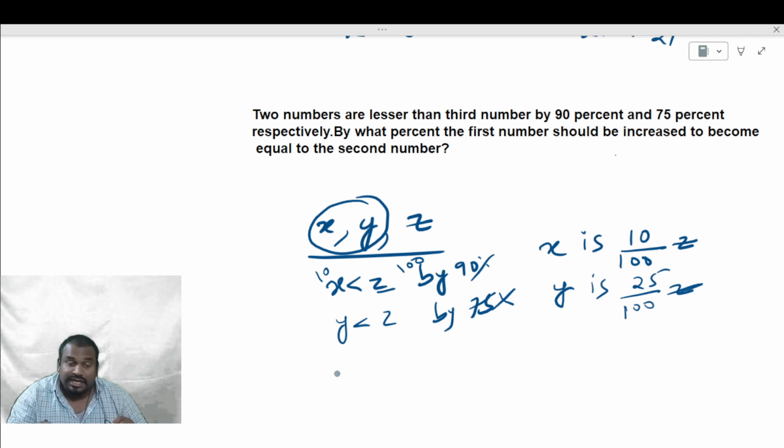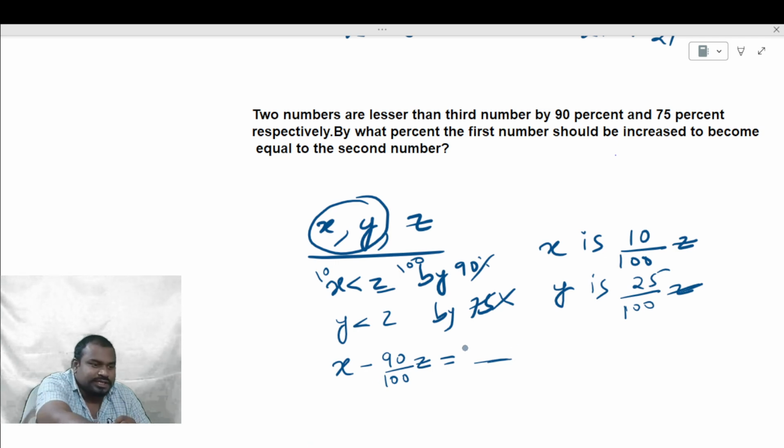In another way also you can write it. X is lesser than Z by 90% means X plus 90 by 100 into Z is equal to Z. What should I get here?